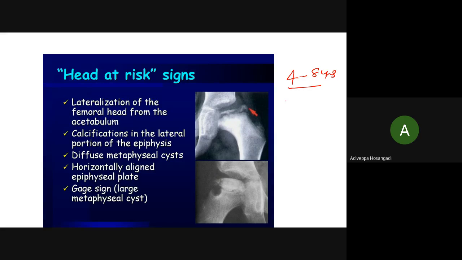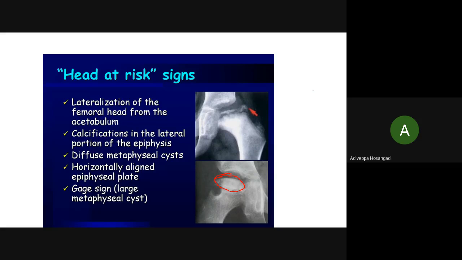What is known is that there is a lateral epiphyseal artery which gets kinked. So the basic pathogenesis is a temporary ischemia of the capital epiphysis.